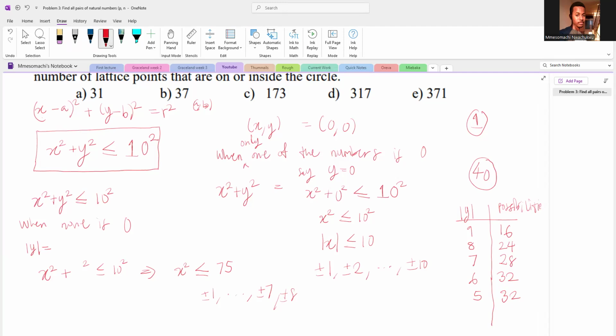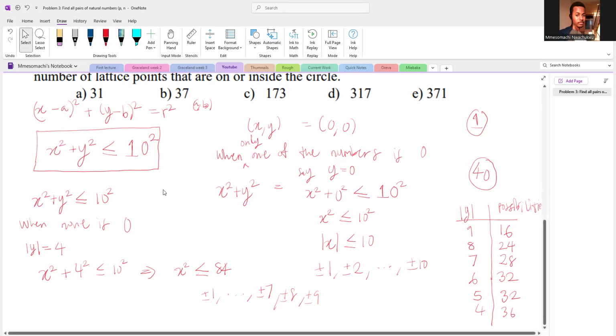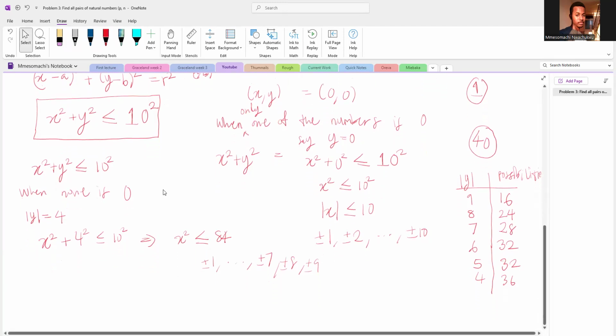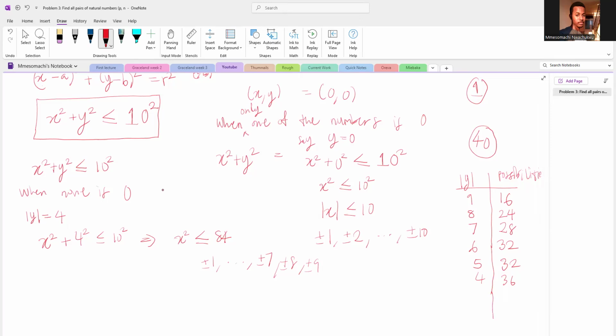And then when it's 4, so it's going to be 84. Okay, so this is also plus or minus 9. So that's going to be 18 times 2, so 36. Okay, scroll down a bit. So we have 3, 2, 1.